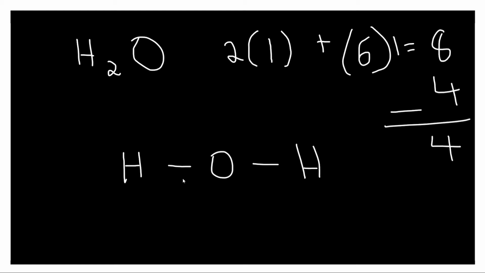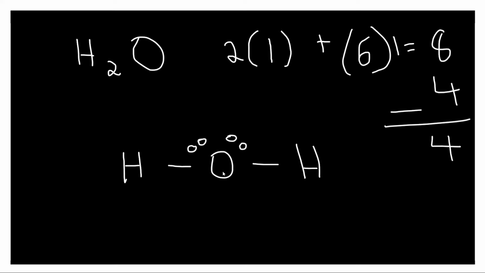Hydrogen has something called the duet rule, meaning it can only have 2 valence electrons. And these 2 valence electrons have already been fulfilled by this bond over here. As we said earlier, the bond is 2 electrons, so hydrogen already has 2 electrons. So the only possible place we can draw these 4 valence electrons is on the oxygen, like this.